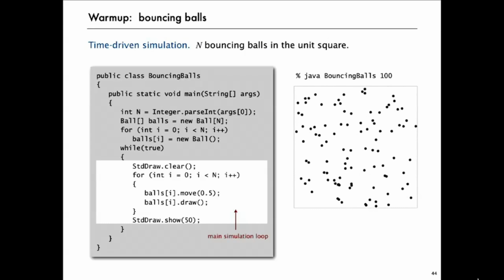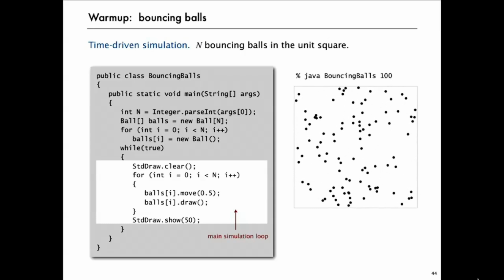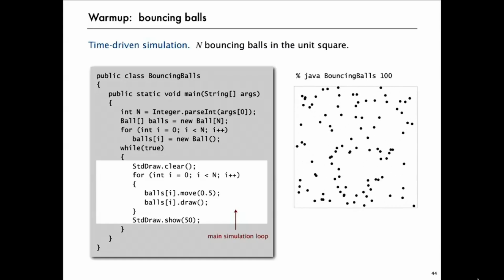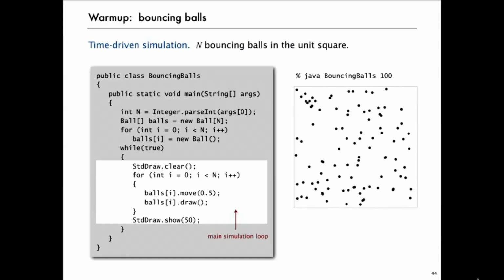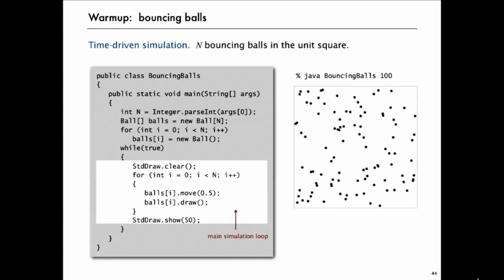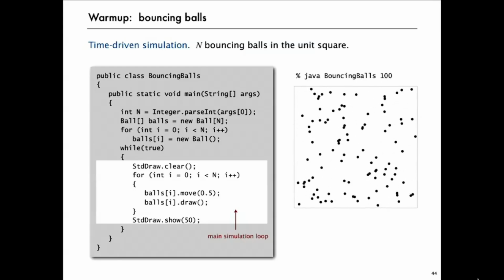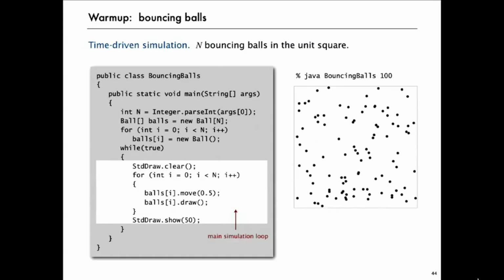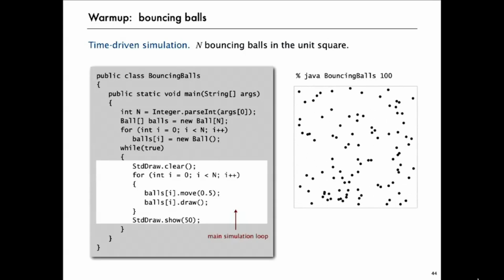The only thing the move operation does is update the position of the ball by the velocity, which is just another number, and then it does the bouncing off the walls. If it hits the left wall, you reflect the x-coordinate, and likewise for the right wall.